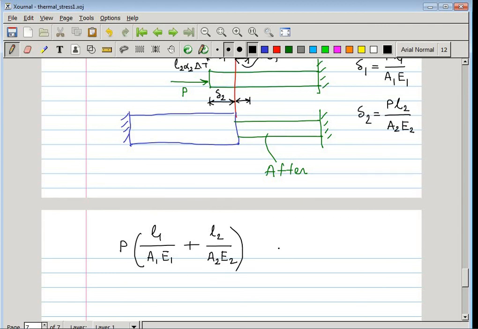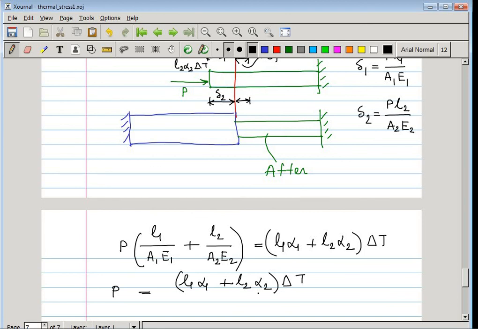This is delta 1, this is delta 2, equal to L1 alpha 1 plus L2 alpha 2 delta T, and P is L1 alpha 1 plus L2 alpha 2 delta T by L1 by A1 E1 plus L2 by A2 E2.